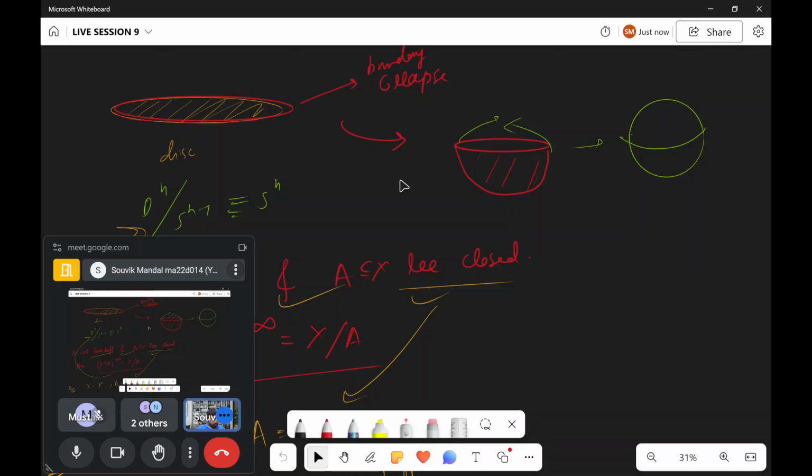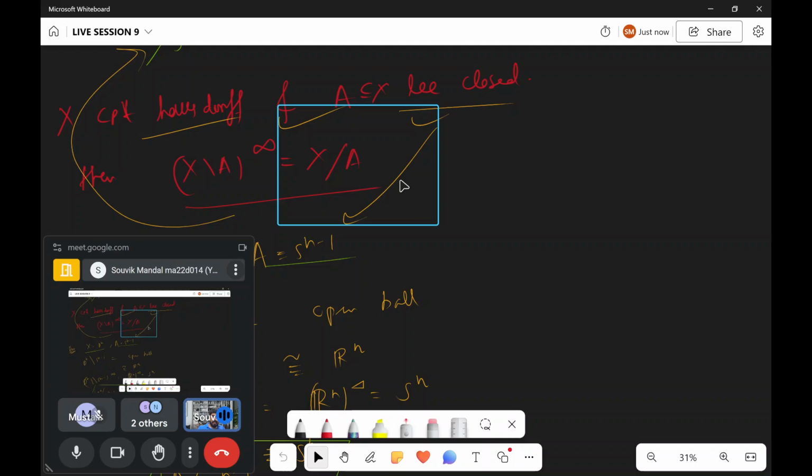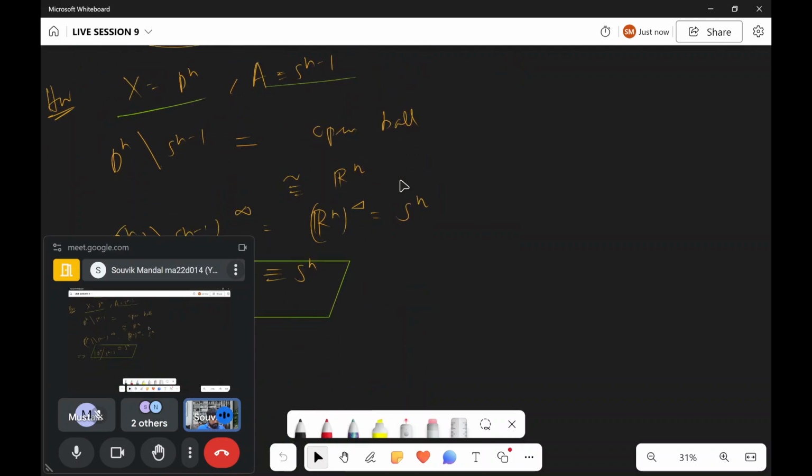Now we need to show this is actually the case. So take X to be Dn and A to be S^(n-1). Then Dn minus S^(n-1) is an open ball, which is Rn. So Dn divided by S^(n-1) is exactly Sn, since the one-point compactification of Rn is Sn, and that we have already seen. So that is one possible example showing this is a good trick. We will see this later on.